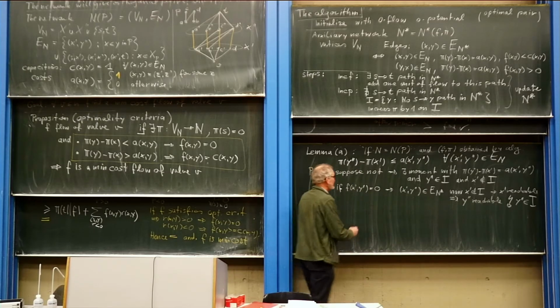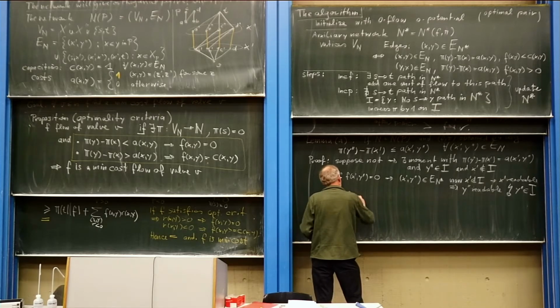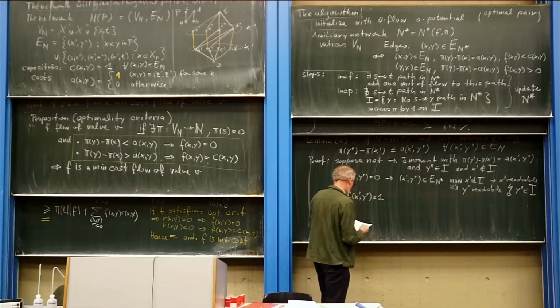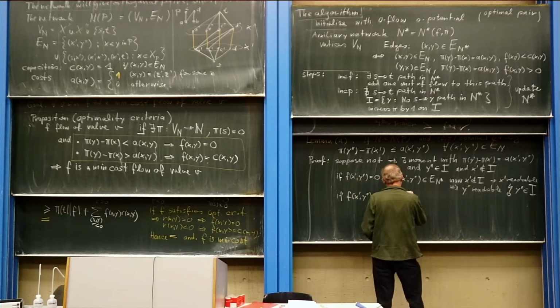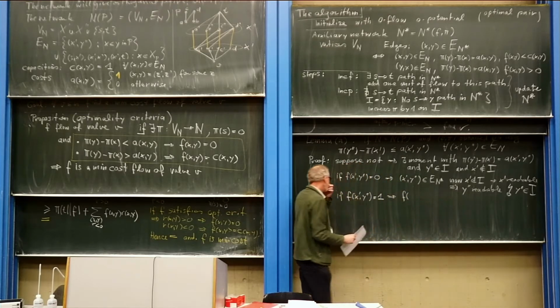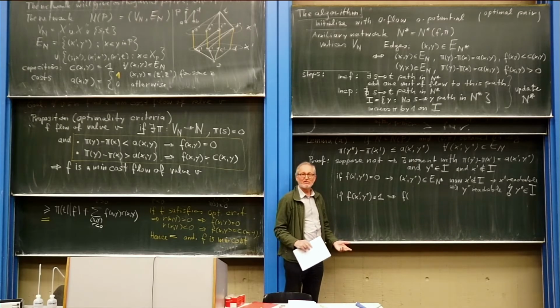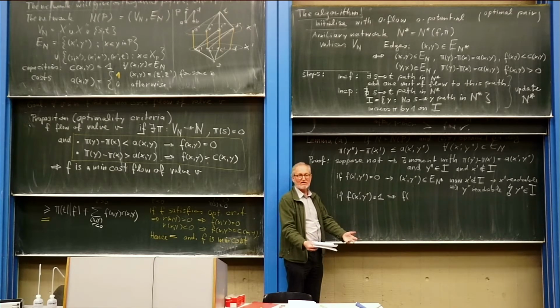And the other case is very similar. If f of x prime y double prime is equal to 1, well, in this case, we see that necessarily the flow which is carried from x prime to y double prime has to come from somewhere, and the only in edge of x prime is the edge coming from S. So this edge has to carry flow.